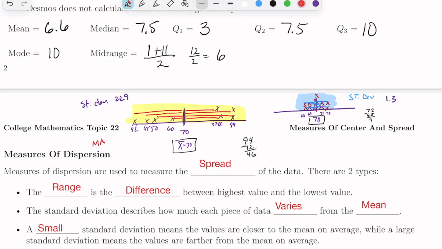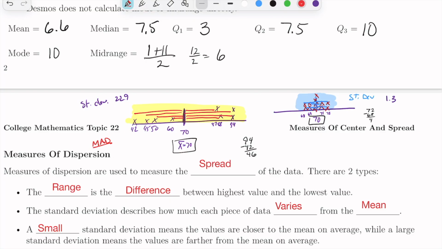It's called the mean absolute deviation, or the MAD. But I'm going to tell you it's really close to what the standard deviation is. Standard deviation just kind of means how far each data point is away from the average. It's not exactly, but it's pretty close.